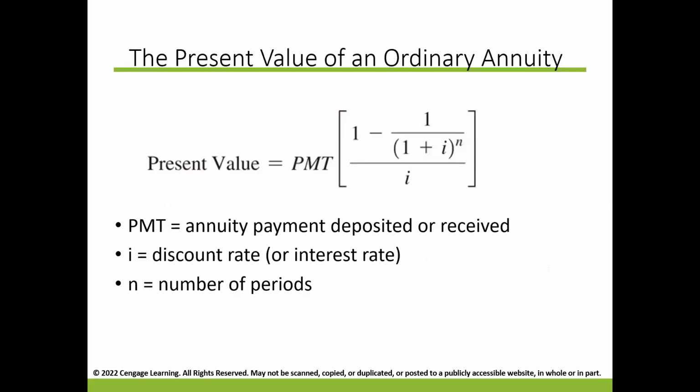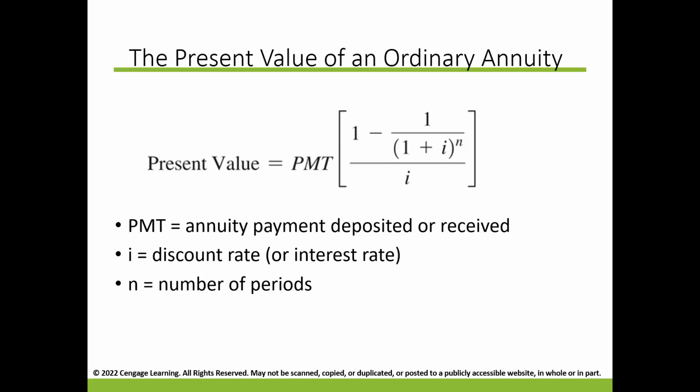So, present value of an ordinary annuity. How exactly do we do an ordinary annuity? Keep in mind an annuity by definition is an annualized stream of payments. We are going to see on the financial calculator exactly how to do this.